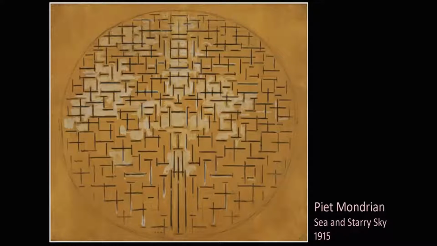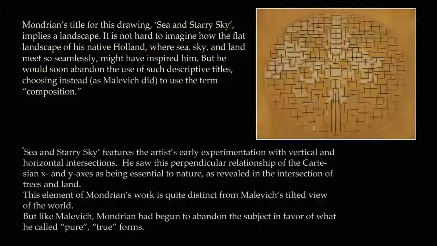Now, this is a good example because, lastly, let us look at this particular painting by Mondrian called Sea and Starry Sky, painted in 1915. Let us go into the details of this painting. Mondrian's title for this drawing, Sea and Starry Sky, implies a landscape. As I was telling you, the title may imply something, but what we see and feel in the painting, that experience could be different.